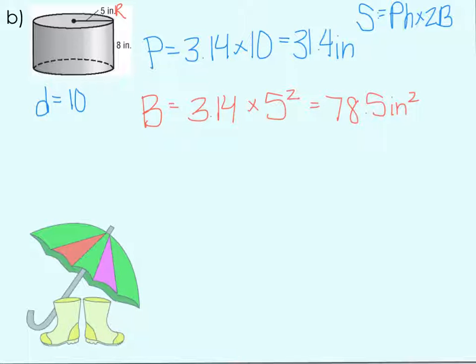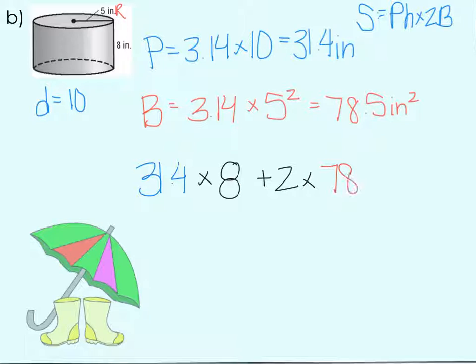Our third step to getting it right is to plug into our surface area formula. P, we found at the very beginning to be 31.4 times the height between our two circles is 8 plus 2, which is always part of the formula, times the area of the base, which is 78.5. Go ahead and type that into your calculator.